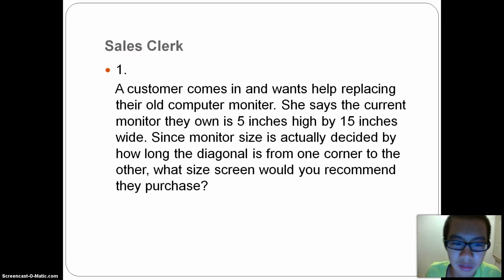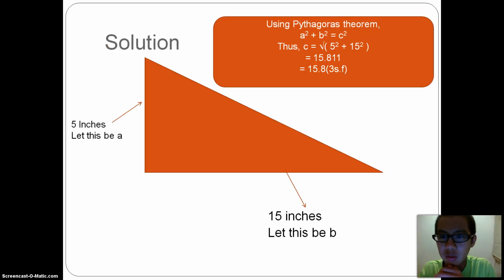So Pythagoras theorem, let's take a look. Remember the equation: a squared plus b squared equals c squared. We have 5 inches high and 15 inches wide. I'm going to let 5 inches be a and 15 inches be b, and substitute in.